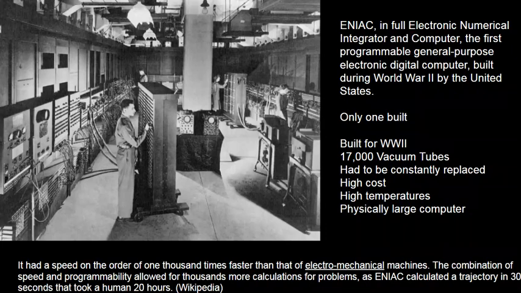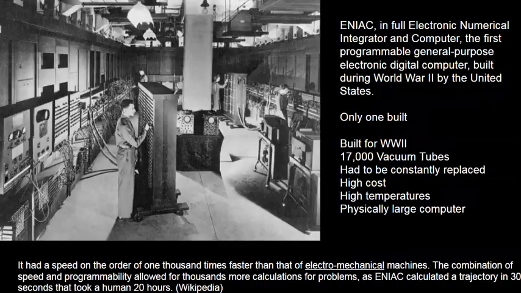The combination of speed and programmability allowed for thousands more calculations for problems, as the ENIAC calculated a trajectory in 30 seconds that took a human 20 hours. So you can see how this is just a huge game changer for, in this case, the U.S. military. In a few decades, the business world would benefit from this new technology, and then eventually into the home, which is generally the last place to benefit from new technology.